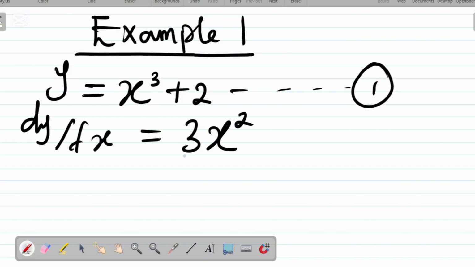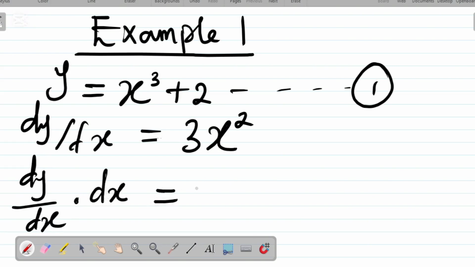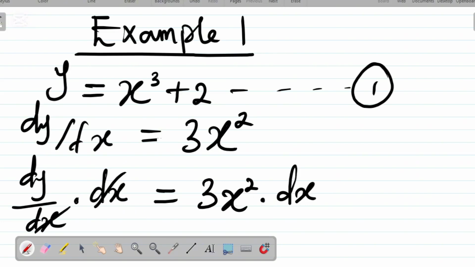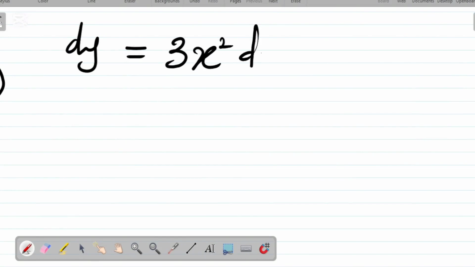So we have 3x raised to power 2. Now let's multiply both sides by dx. We have dy all over dx multiplied by dx equals 3x raised to power 2 multiplied by dx. So dx cancels dx. We are left with dy equals 3x raised to power 2 dx.